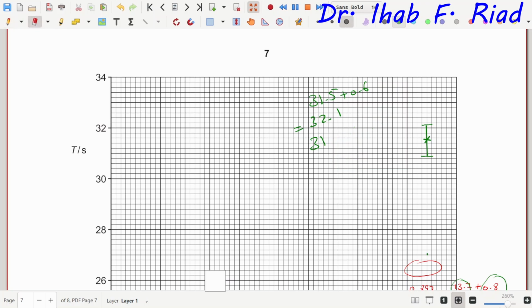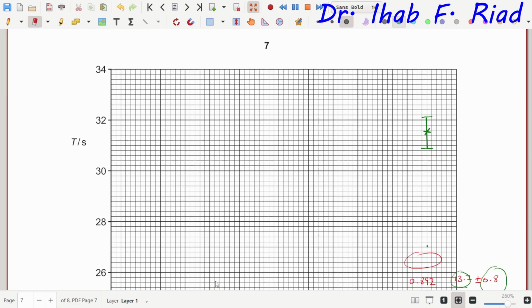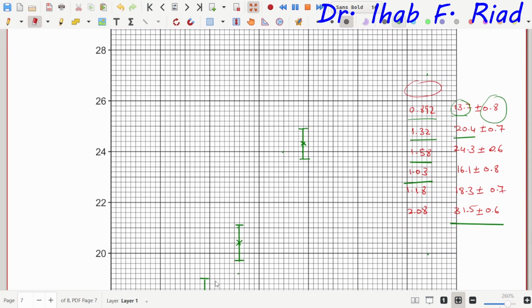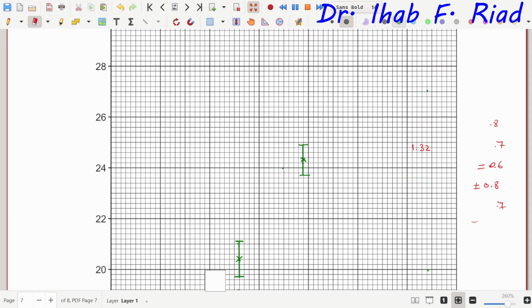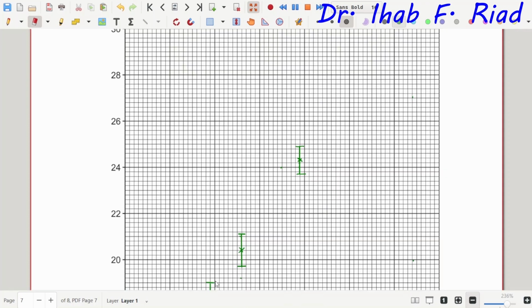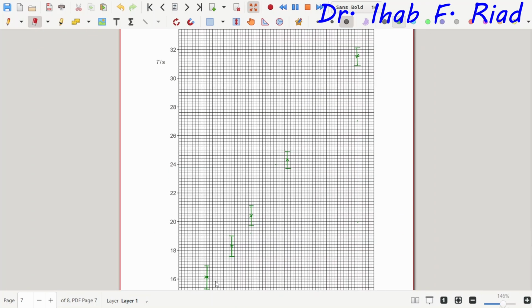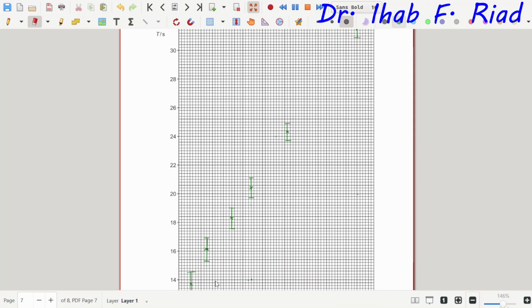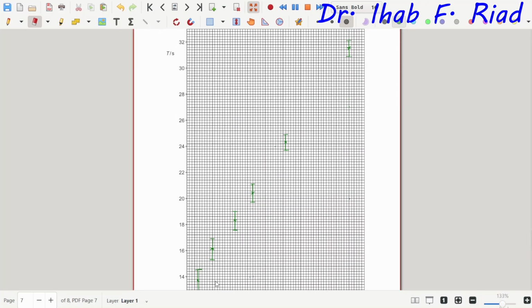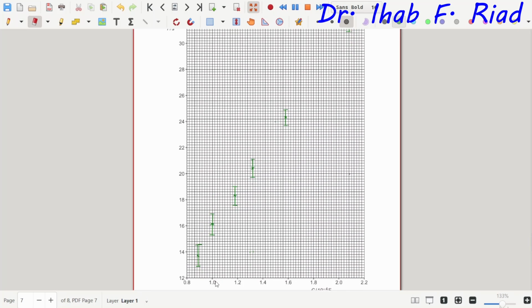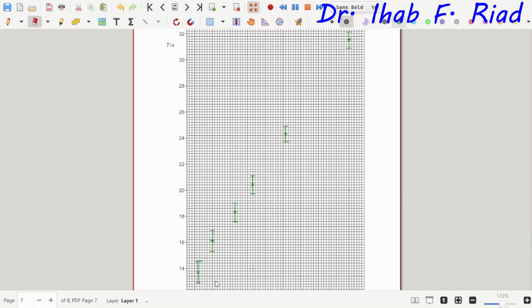I think we are now good with our plot. Now we use our meter ruler to get a good line that passes through all the points, and hopefully they pass through the origin, okay, as much as possible.